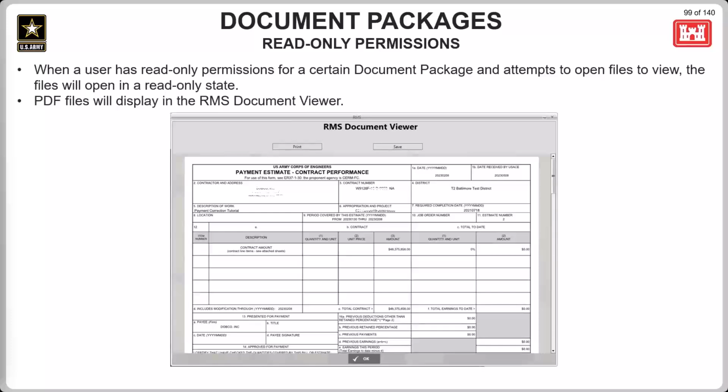When a user has read-only permissions for a certain document package and attempts to open the files to view it, those files are going to open up in a read-only state. So here we're showing a PDF file from a read-only user's perspective. It's going to open in the RMS document viewer.